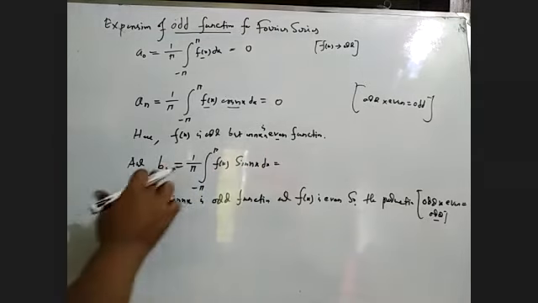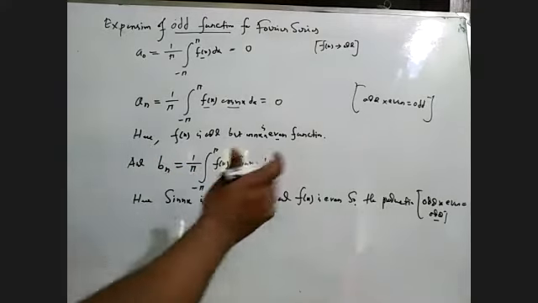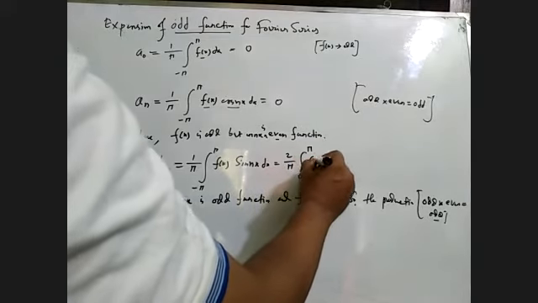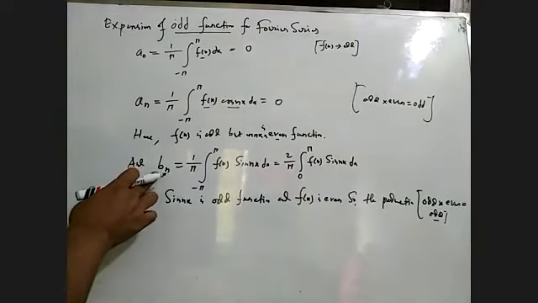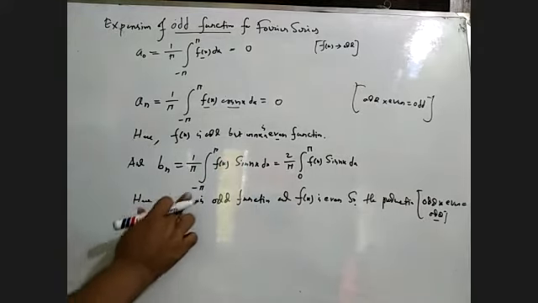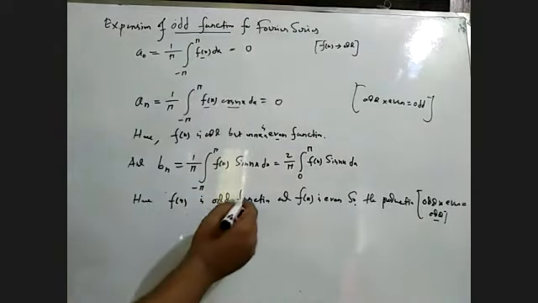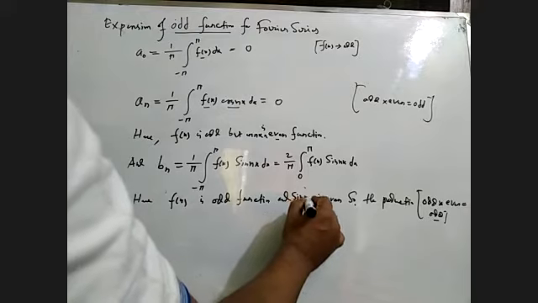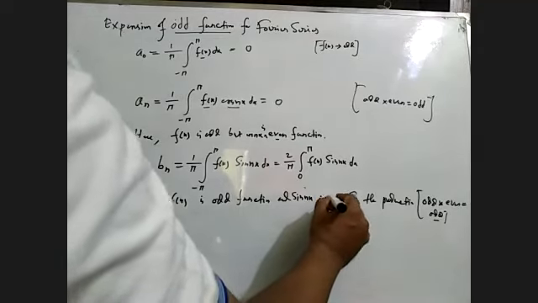The sin coefficient bn equals 1 by pi, integral from minus pi to pi of f of x sin nx. What will be the value? This will be 2 times the integral from 0 to pi of f of x sin nx dx, because f of x is odd function and sin nx is also odd.